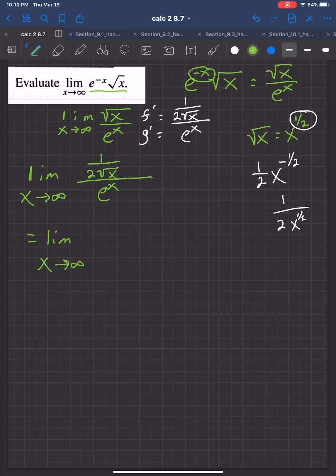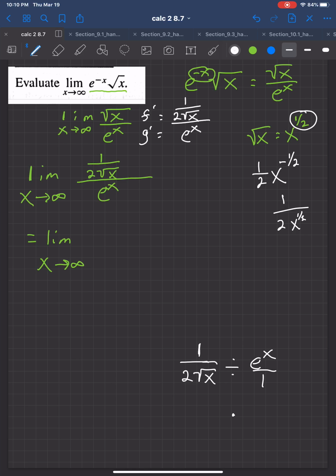So all I'm going to do is we have 1 over 2 square roots of x divided by e to the x. We can think about that as e to the x over 1.